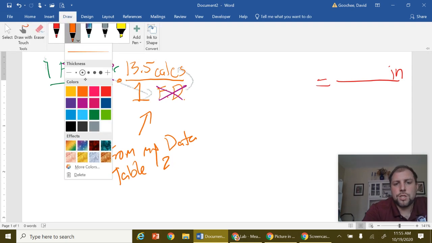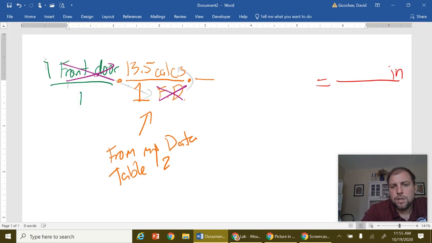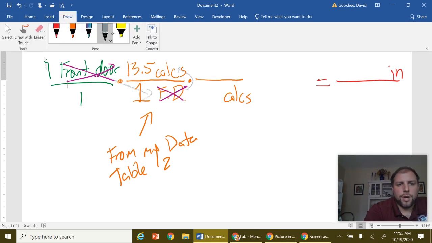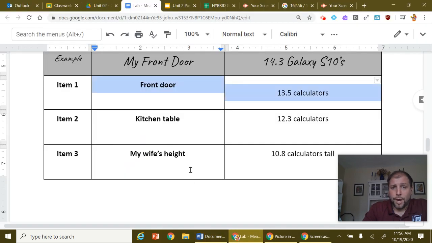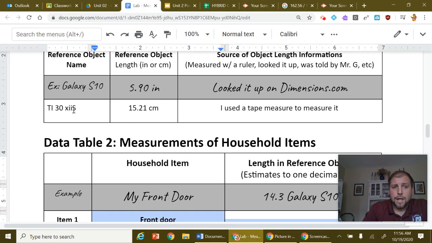Let me do the next one. Because we're in calculators, we want to be in inches, so I've got to get out of calculators. I'm going to put calculators on the bottom here. That's the easy part. We want to get out of the unit calculators, so we put it on the opposite side of the next fraction. But what do we want to convert calculators into? That's always the toughest part. Well, let's go back and look at our lab data. Do I know anything about this calculator? I do.